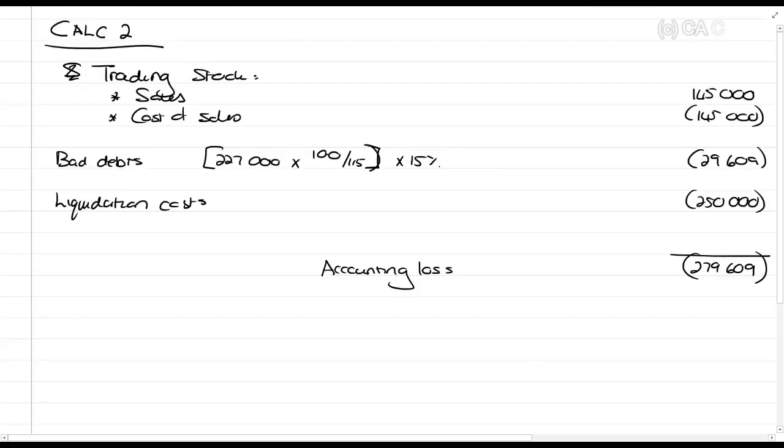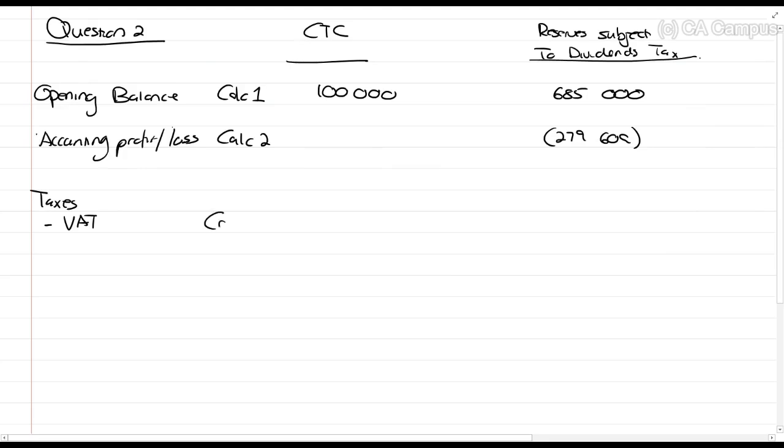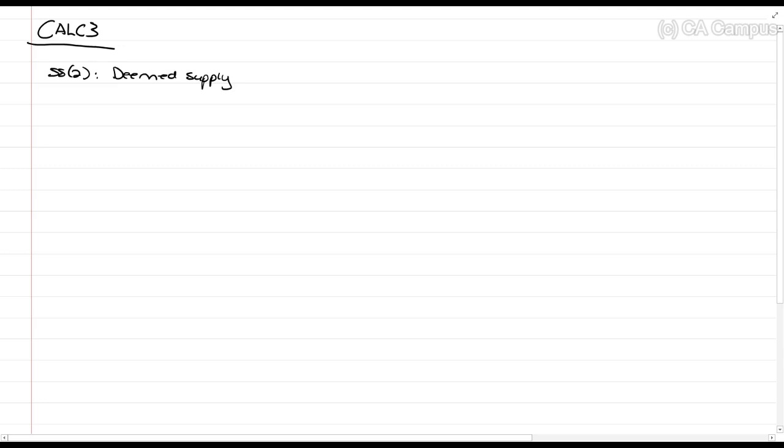Right, so for the tax, let's call this calculation number 3. Okay, so calculation number 3 now will be the VAT. So section 8.2, deemed supply as ceasing to be a vendor.